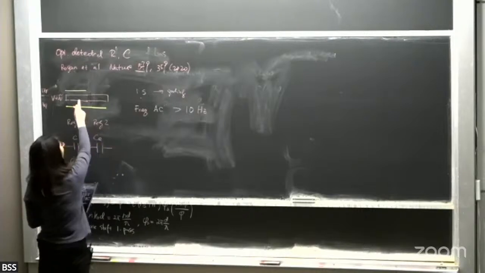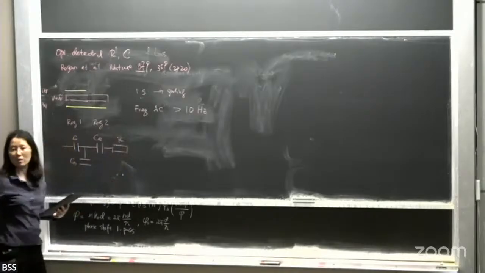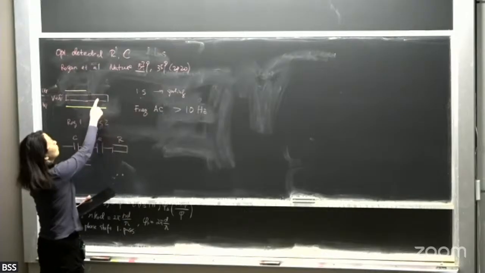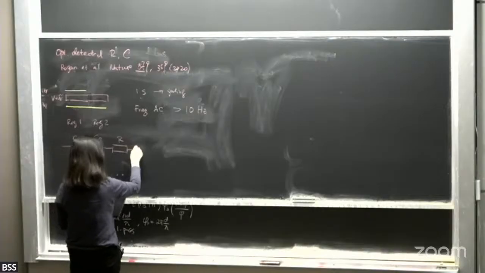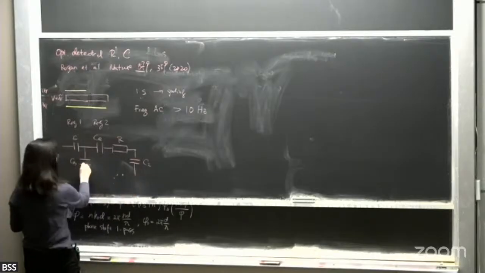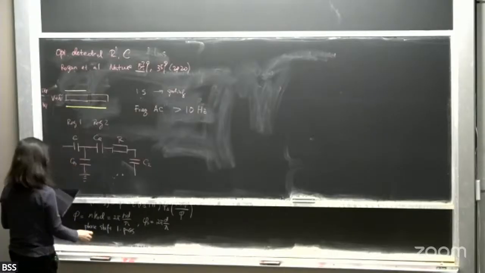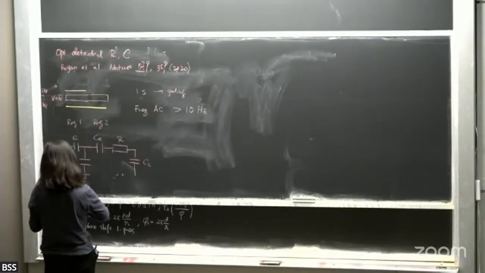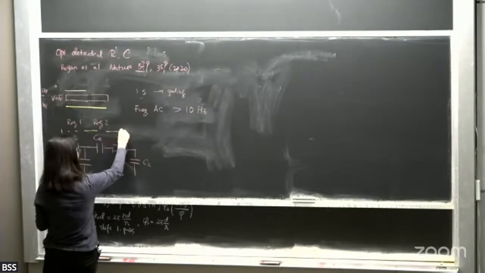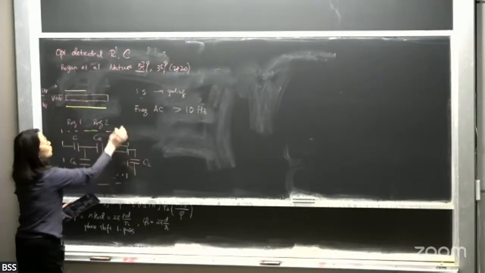And then if charge flows from here to here, there will be resistance associated with it, right? And then on the other side, we also have a capacitor between this guy and that guy. So I have C2, and this whole thing is grounded, right? So this represents the left side, and this represents the right side.